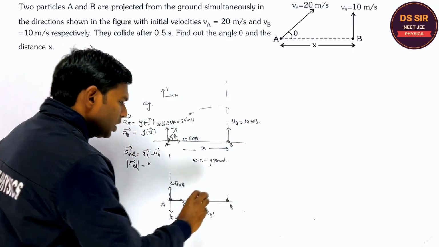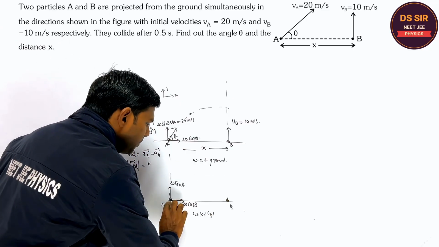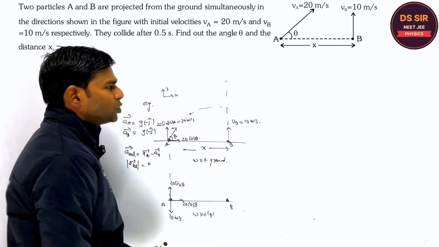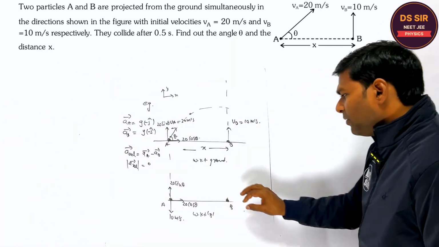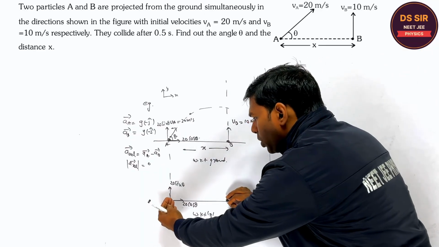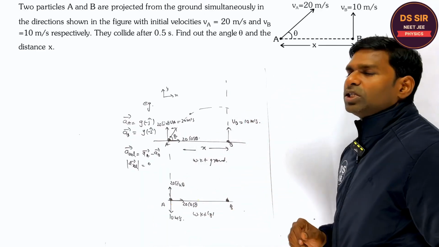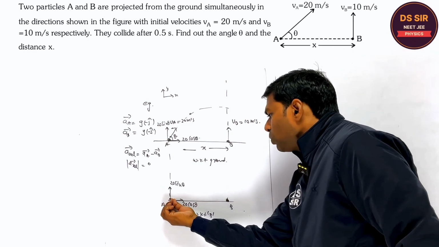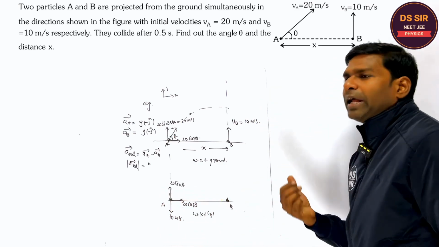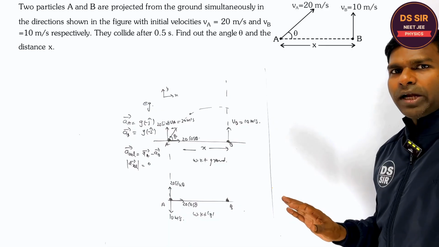You tell. Now A must collide with B. So what is the condition? You tell. What is the condition? If A must collide with B, in which direction should particle A move? You tell. It must move in the line joining A and B. Are you getting it or not?